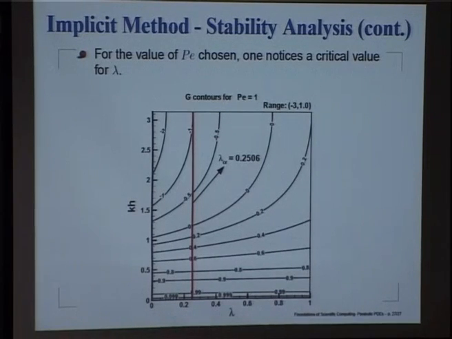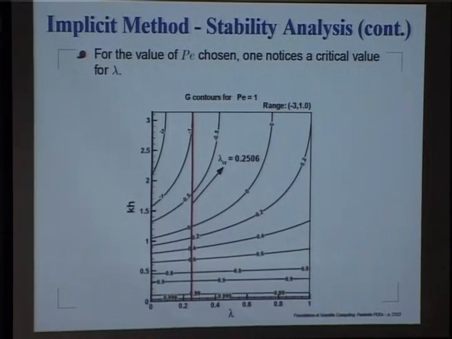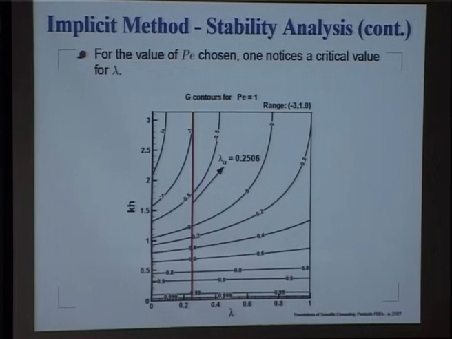So, if you take explicit methods for value of lambda below this critical value, what will happen? You have to worry about some values of kh which are going to be unstable, right. So, that is something you have to worry about.